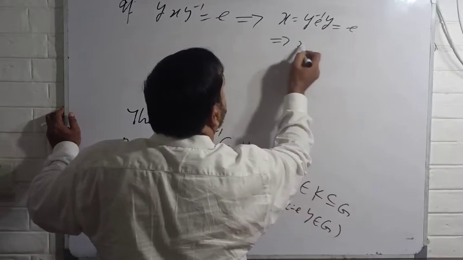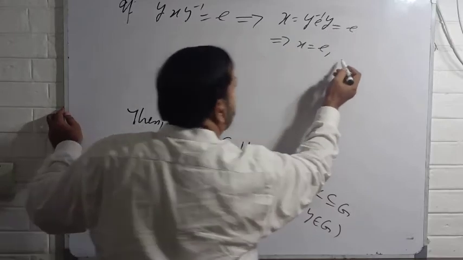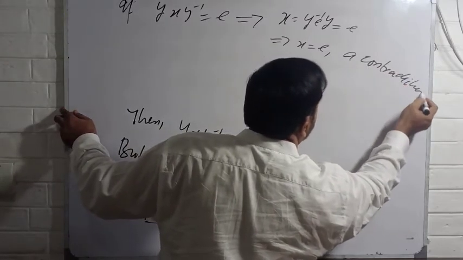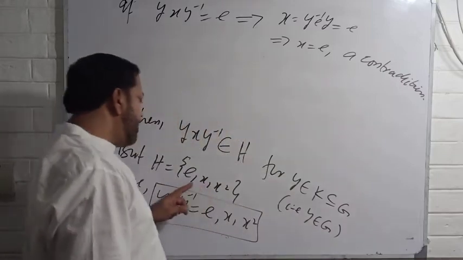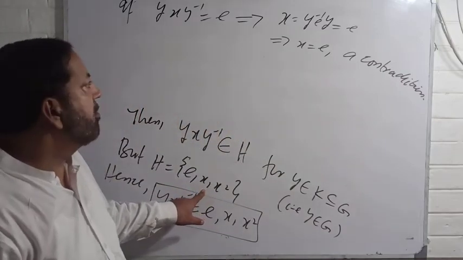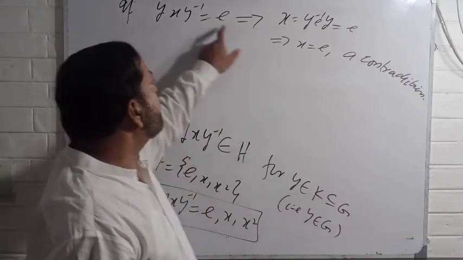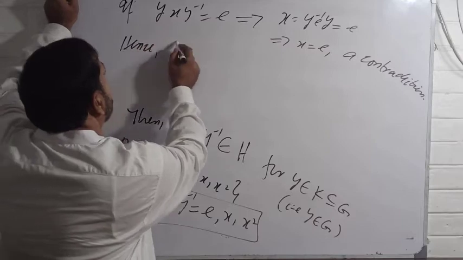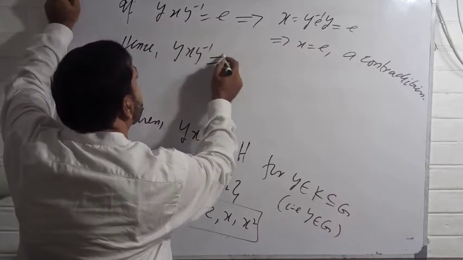So this implies x is equal to e, a contradiction, because x is the generator, so this is not e in fact, right? So this case is not possible, hence yxy inverse is not equal to e.